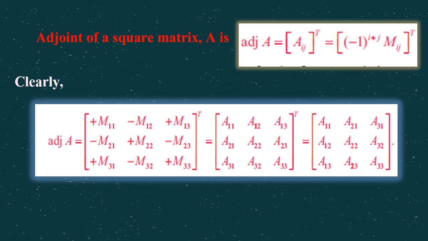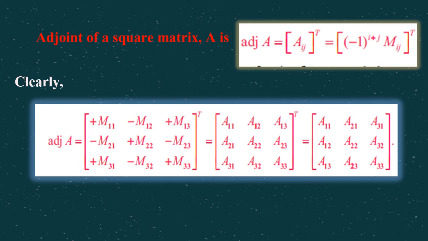So considering minus 1 power 1 plus 1, that is an even power, so it is plus, into capital M11, the minor of A11. Similarly, you get all the cofactor elements, and that cofactor matrix's transpose. If you are writing in the cofactor notation, that means capital A11 in that pattern, the whole transpose. Just the transpose means we interchange rows into columns and columns into rows.